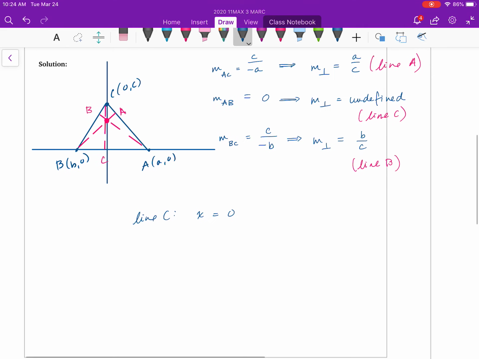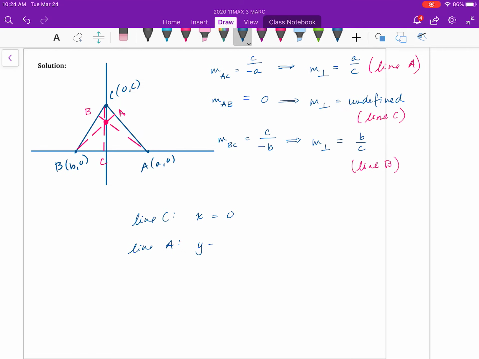Then determining the equation for line A, that's going to be in point-gradient form: y minus the y value, because it passes through (b, 0), equals the gradient of line A, which is a on c, times x minus the x value of b. Simplifying that by distributing, that's our equation for line A.